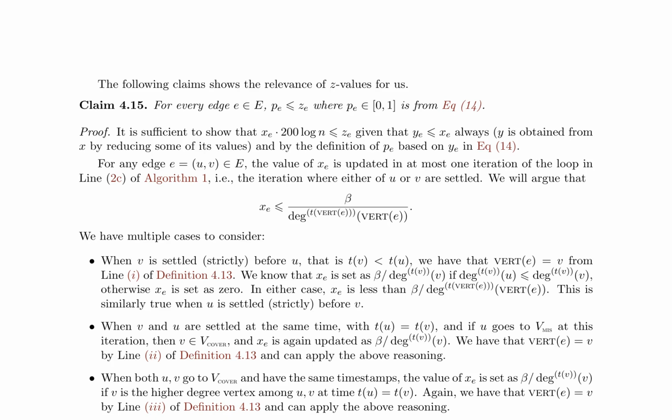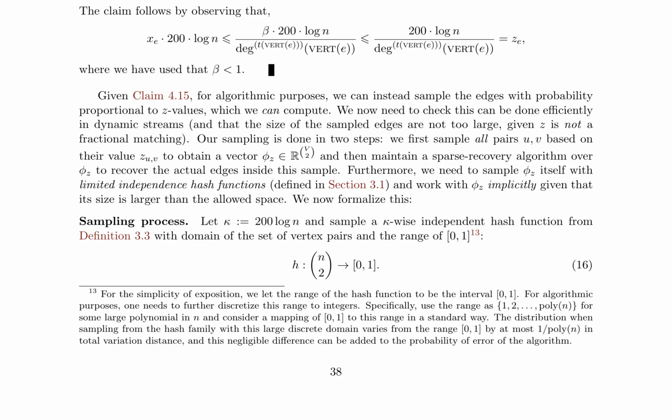To sidestep this issue, they define an intermediate assignment z in R^E, which can be explicitly found for any pair of vertices. The vector z is defined as z_{uv} = 200 log n · deg_{t(vert(u,v))}(vert(u,v)), where vert(u,v) is the vertex to which the pair (u,v) is assigned, as per definition 4.13.